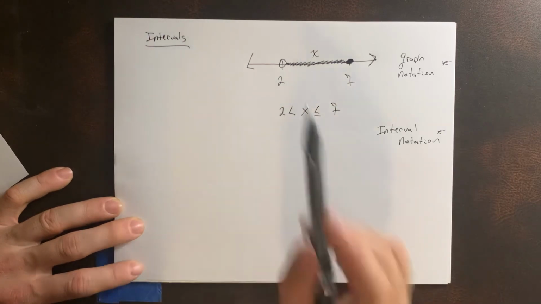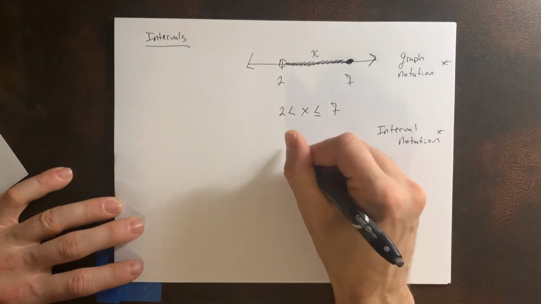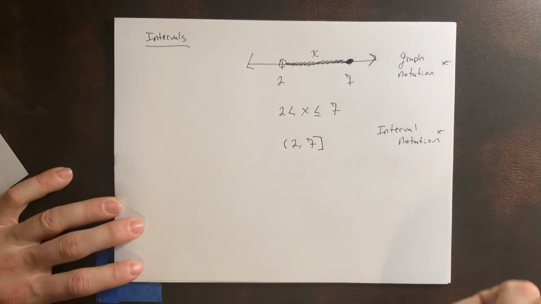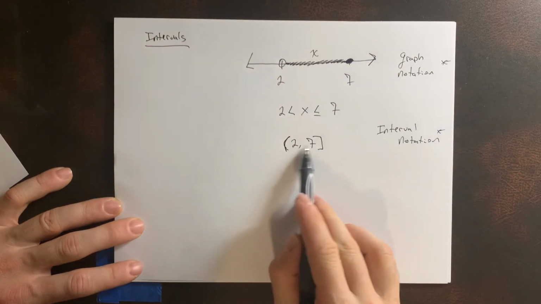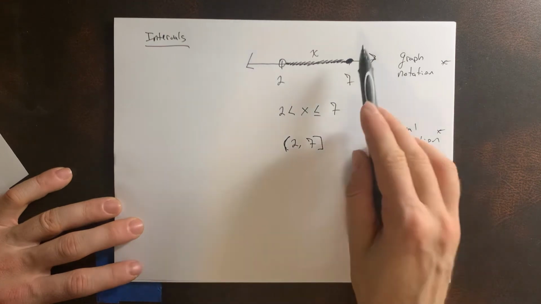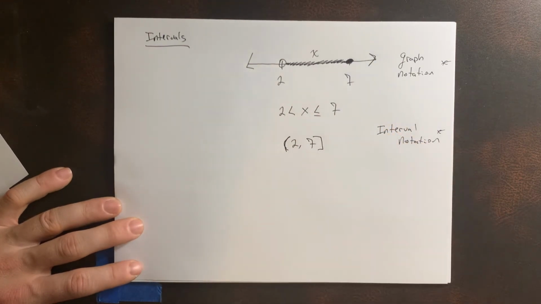So this is graph notation. And if we want to put this into interval notation, the way we write it is parenthesis 2, 7 with a bracket. And so what this means is these are all the numbers in between 2 and 7. And whenever we have a circle, it relates to a parenthesis. And whenever we have a closed circle, it relates to a bracket.